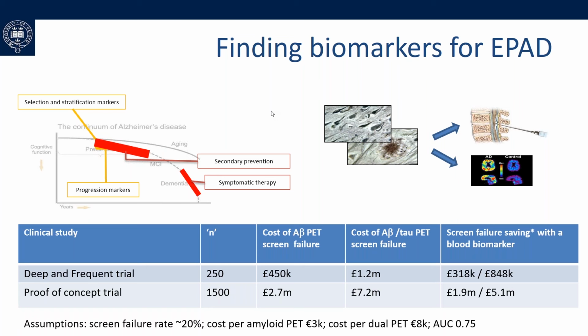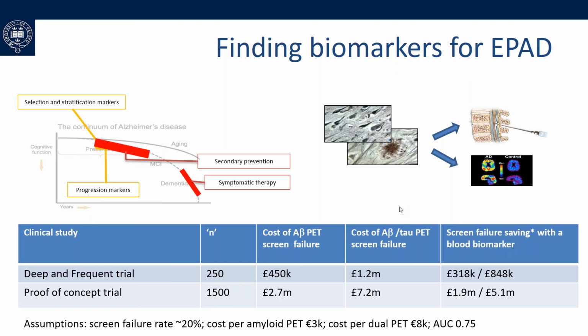The screen failure cost alone for a study of 1,500 people is 2.7 million. If we were to include tau PET as well, it goes up to an alarming 7.2 million. That's the screen failure cost, not the cost of doing the trial. That's the money you have to count on before you even start the trial.